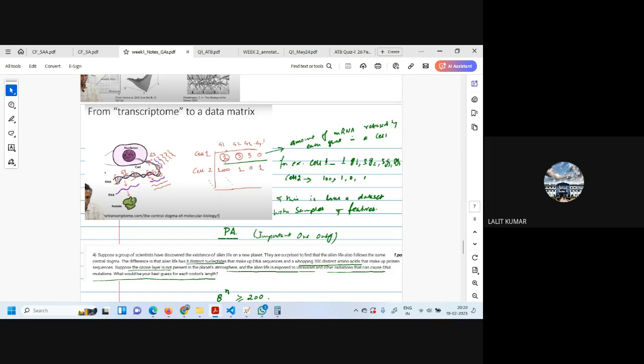Here these are the weights, 1, 3, 5, 0. So in cell 1, the amount of RNA for gene 1 is 1, then 3, 5, and 0. This is how we have been dealing with it in our MLP projects. It is a data matrix where we have features and we have data points.